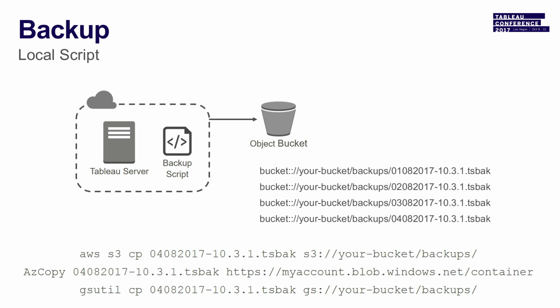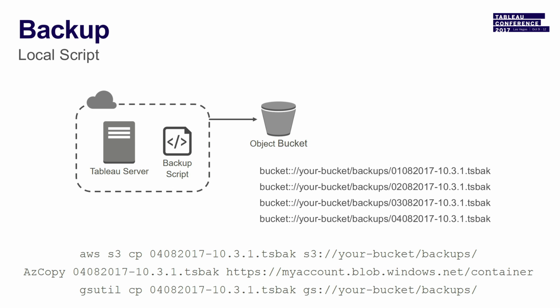Basic script that is running on my machine. Sorry, it's a batch file, right? I'm going to fire it with, let's say, the task scheduler. I'm going to do my tabadmin backup. Then I'm going to fire a command with the CLI tool, like AWS, copy the name of the file, and then a location, my bucket and maybe a folder. If I'm doing Linux, same thing, right?